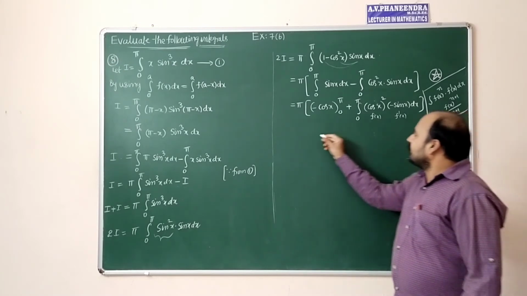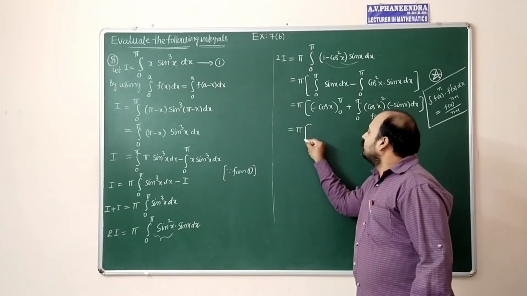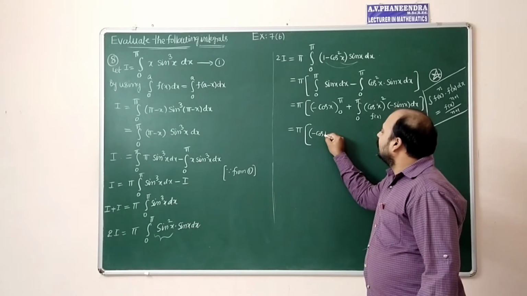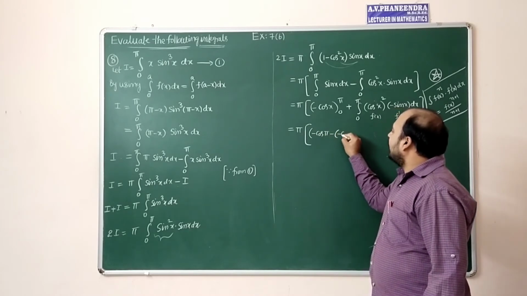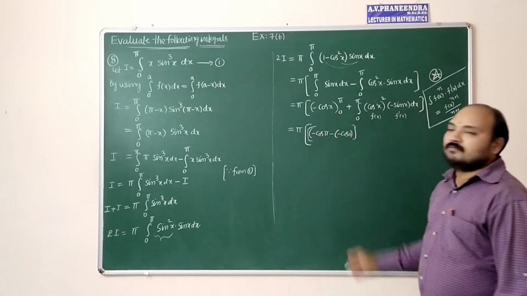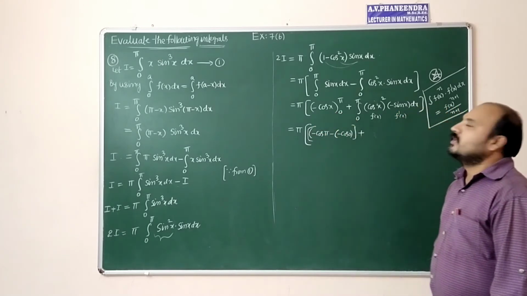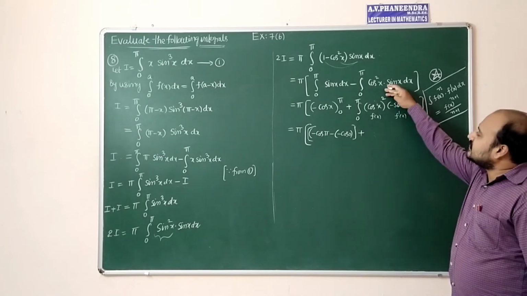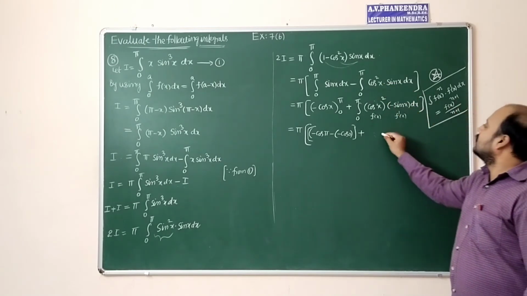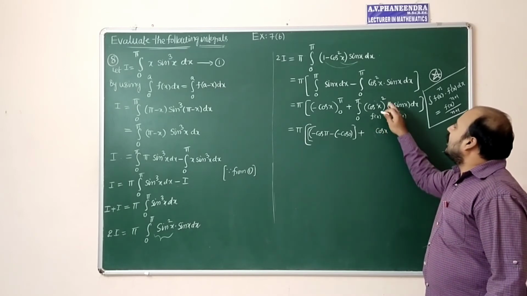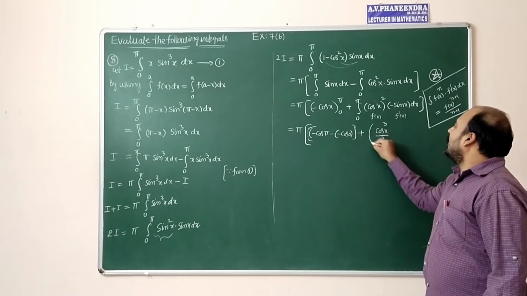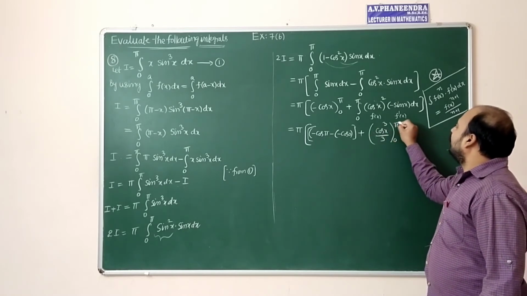So here pi into minus cos pi minus cos 0, the first term completed, plus f of x whole power n, n is equal to what here? 2. So f of x whole power n plus 1 by n plus 1, so cos x whole power n plus 1, 2 plus 1 is 3, by 3, applying the limits 0 to pi.